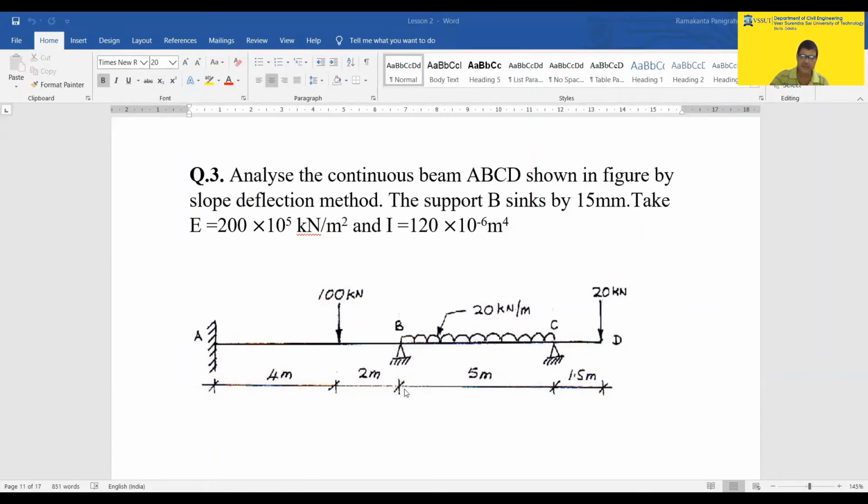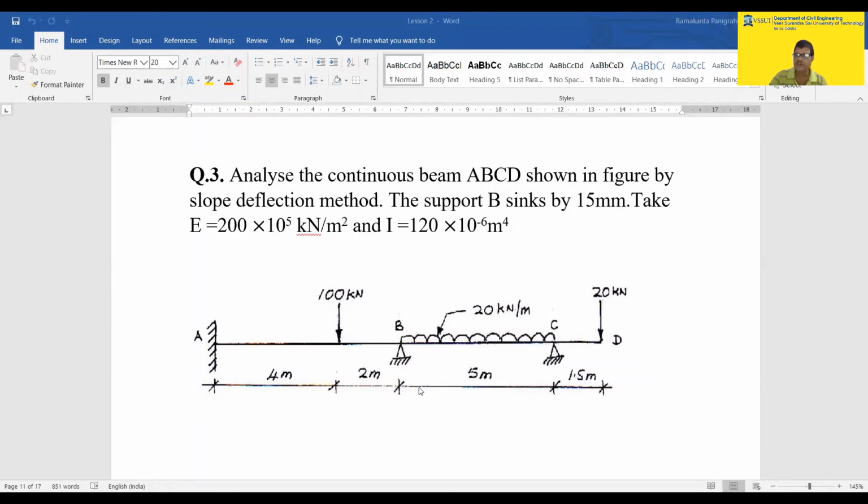That means B has come down with respect to A, but C is upward with respect to B. With respect to C, B is also down. So you can check AB, BC. While calculating AB, delta is positive. While calculating BC, delta will be negative.